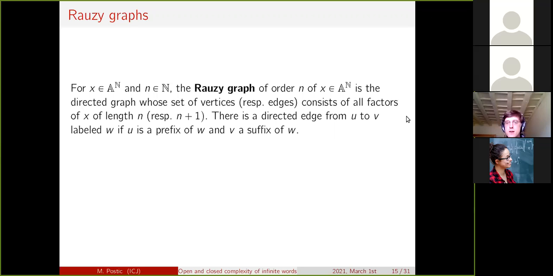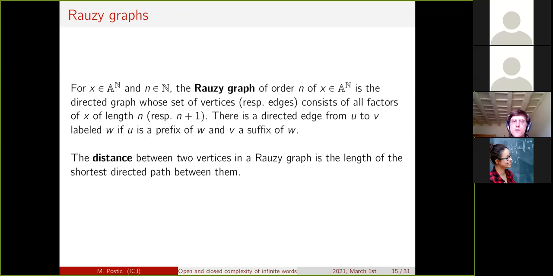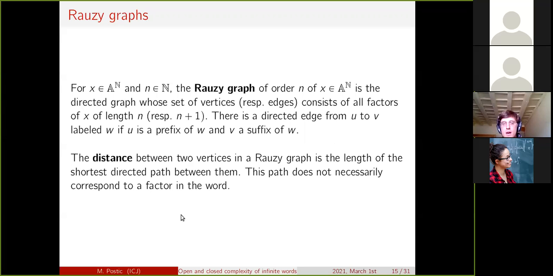There is a directed edge from u to v if there is a factor w of the word which starts by u and ends by v. And as usual in a directed graph, we can define the distance between two vertices as the length of the shortest directed path between them. But one thing worth noticing is that the path in question does not necessarily correspond to a factor in the word.